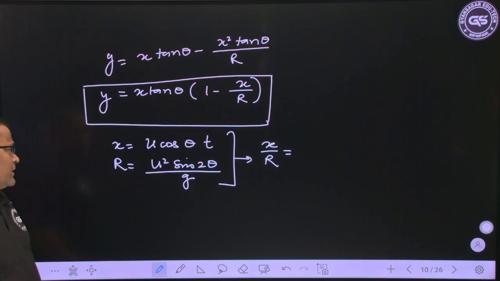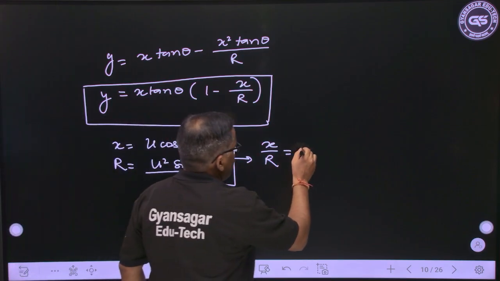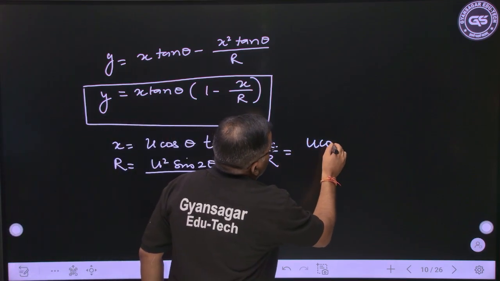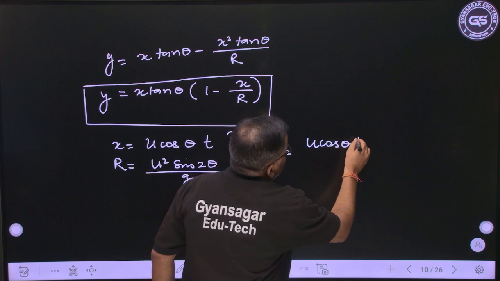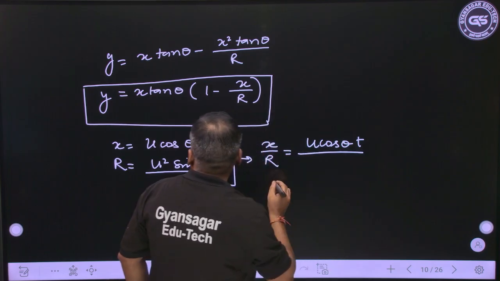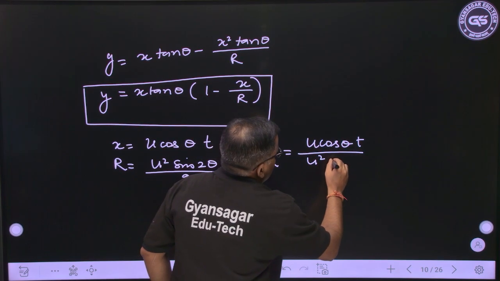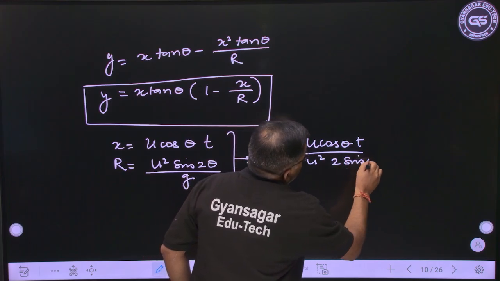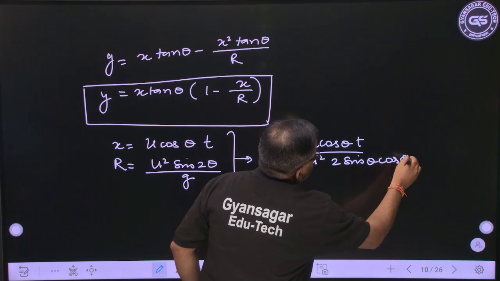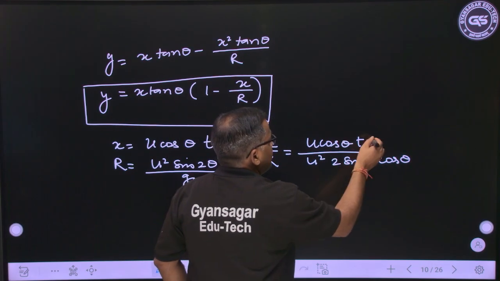So x by r is equal to u cos theta t divided by u square 2 sin theta cos theta, and g comes here.